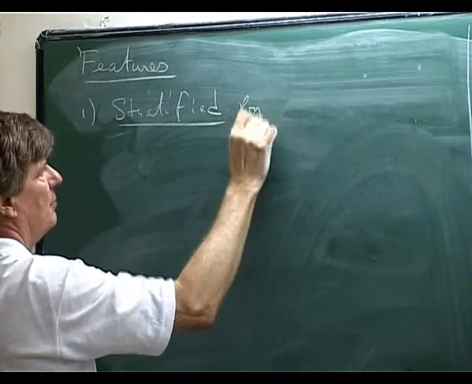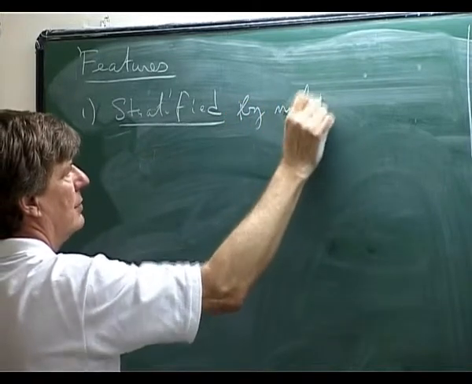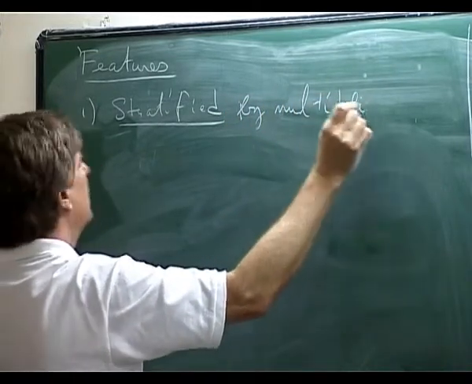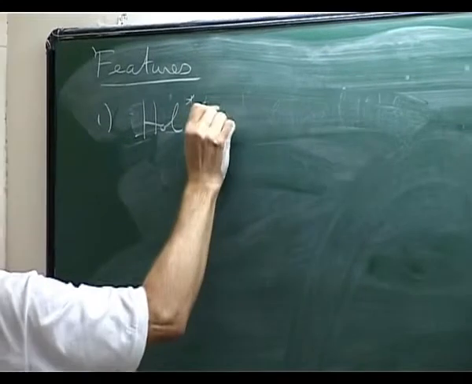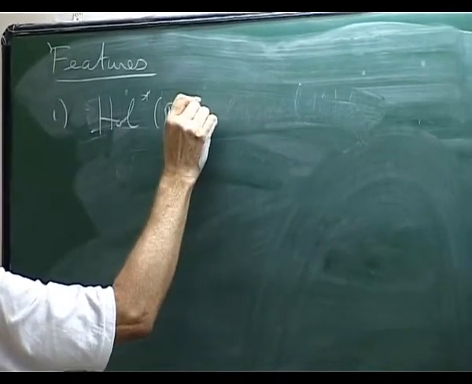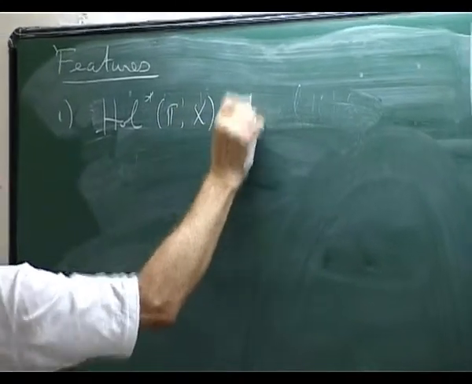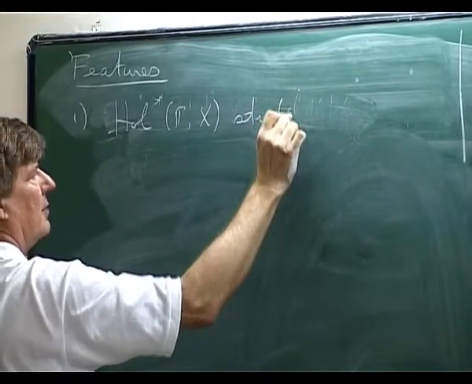Stratified by multiplicities of the principal parts. Okay, that's the way I should say it. So the space of holomorphic maps into X stratified by multiplicity.